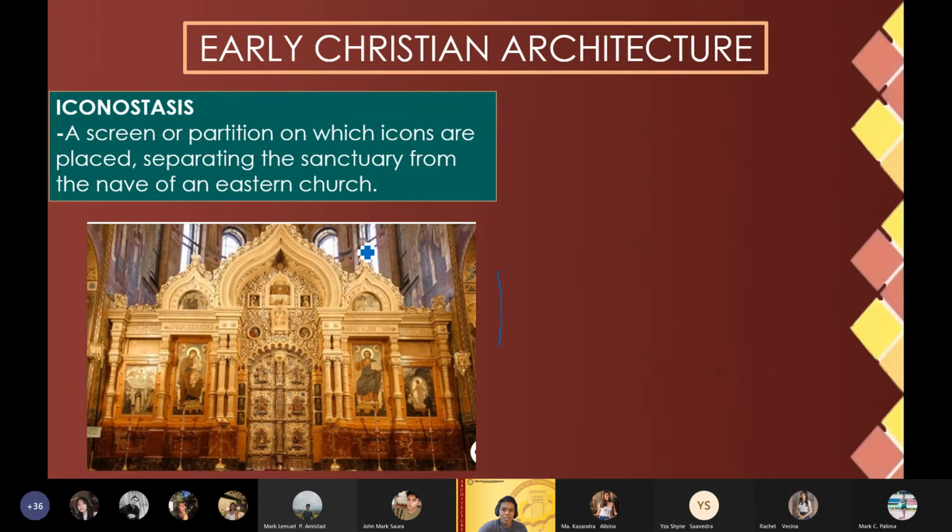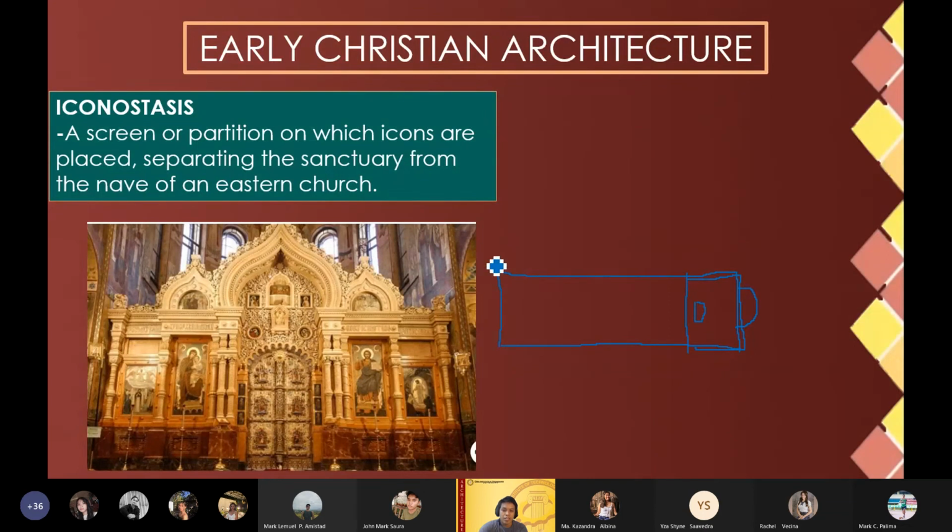Okay, so if this is the typical plan of the church, this one is the sanctuary. Nangari ang imuhang altar right in front.